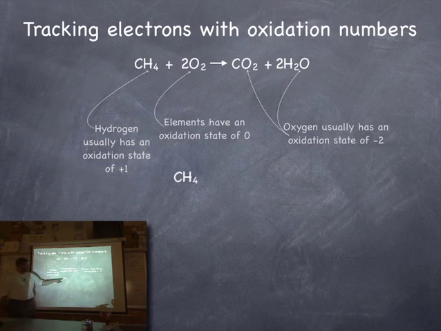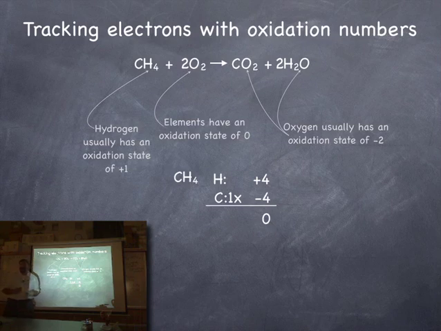If I look at methane, I know I have 4 hydrogens. Each one has a +1, so that gives me a +4 for all the hydrogens together. What does the carbon have to be to balance out to 0? It's got to be -4. So the oxidation number on carbon in this is -4. What's the oxidation? Well, we'll get there in a sec.